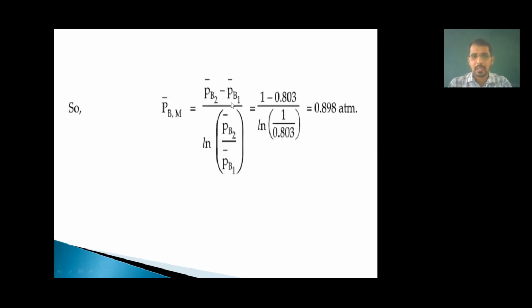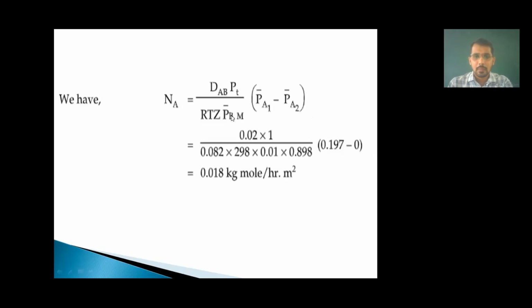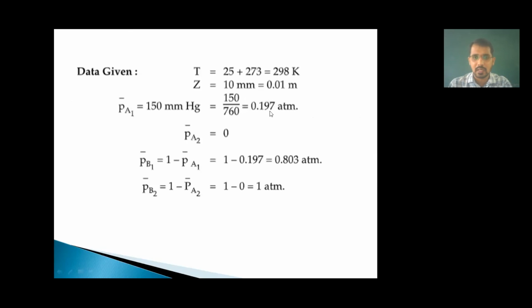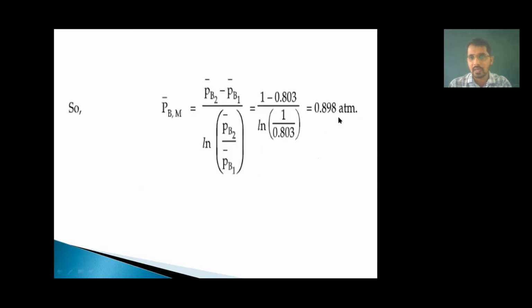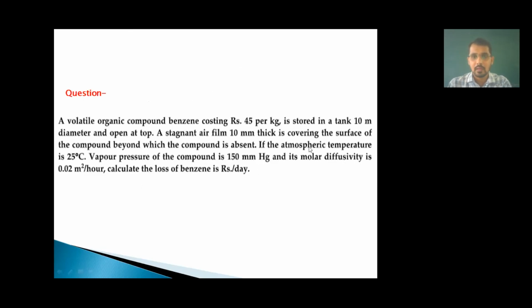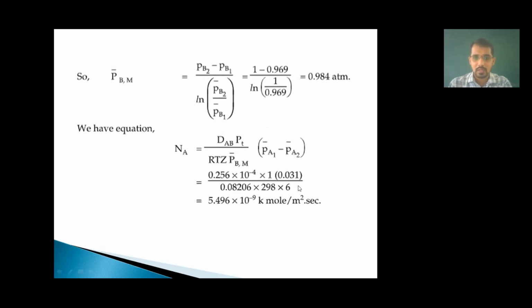Okay. After that, PBM is 0.898. You can see here PBM is 0.898. We have calculated here 0.898. In the previous numerical, this term is missing. Okay. So there is one correction. You have to write here this PBM like this, 0.984. After that, you have to calculate.